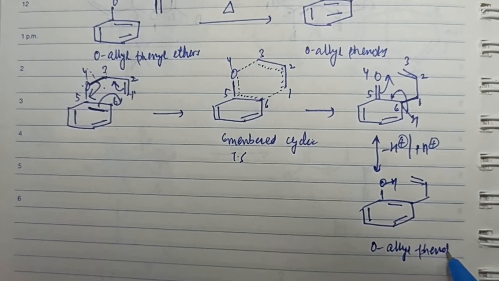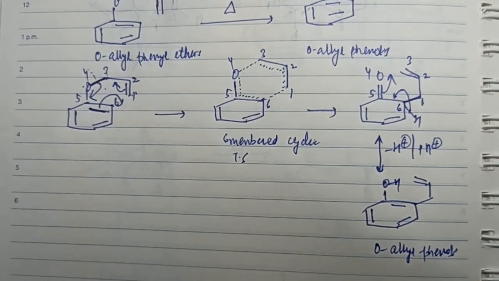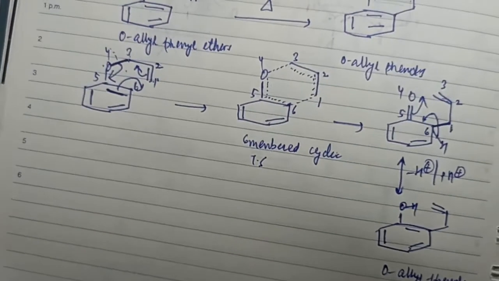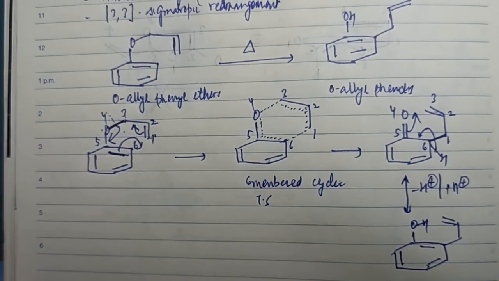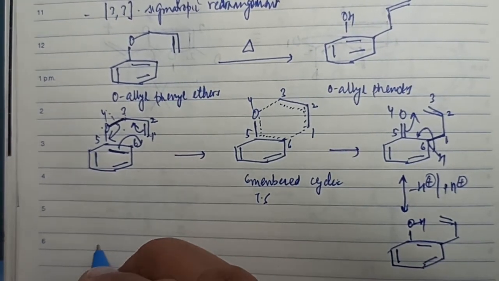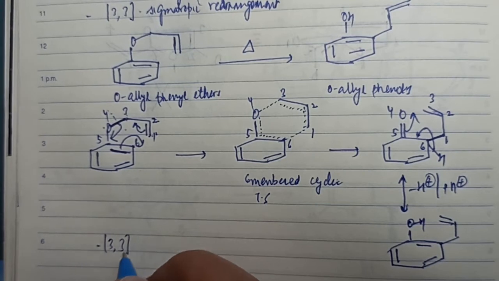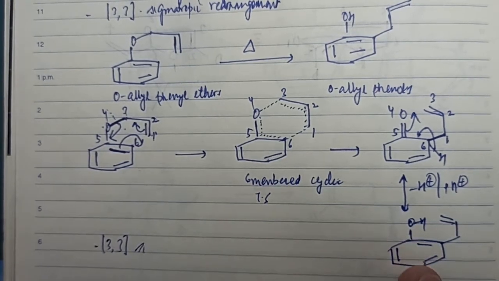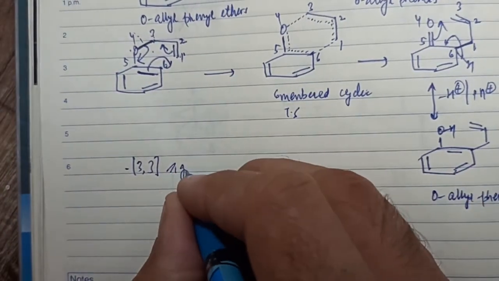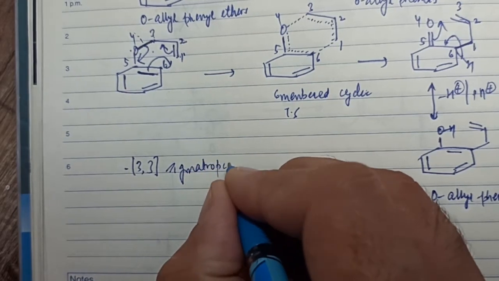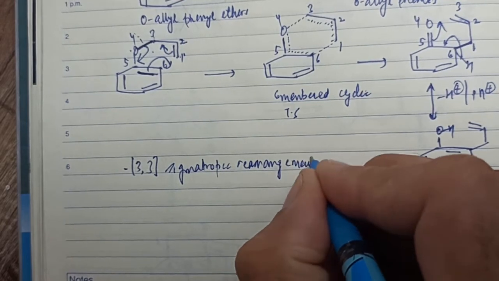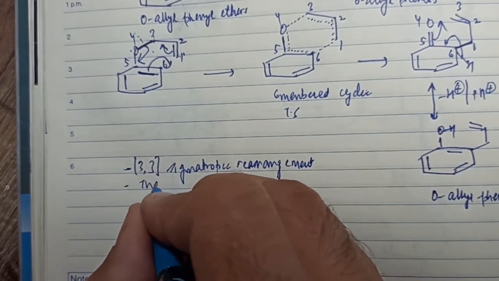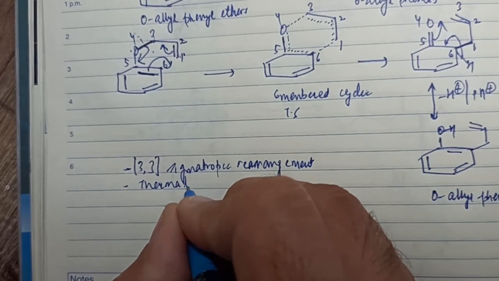This kind of a rearrangement which occurs in allyl phenyl ethers and is very much reminiscent of the Cope rearrangement is the Claisen rearrangement. Remember this thing, Claisen rearrangement is a 3,3 sigmatropic rearrangement. This is one thing, so it is similar to Cope. Since it is 3,3, it is thermally permissible.